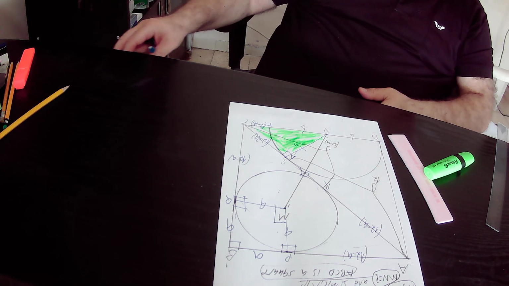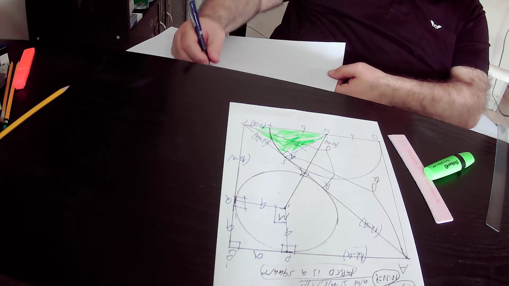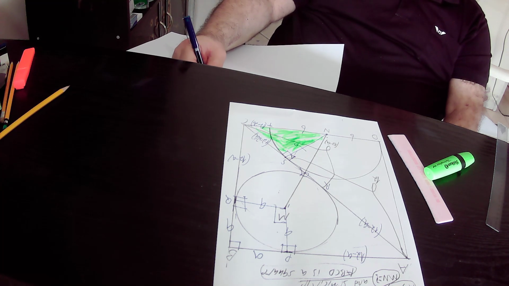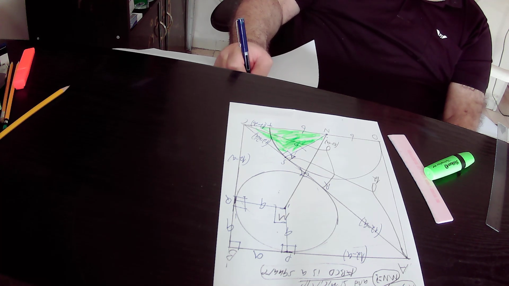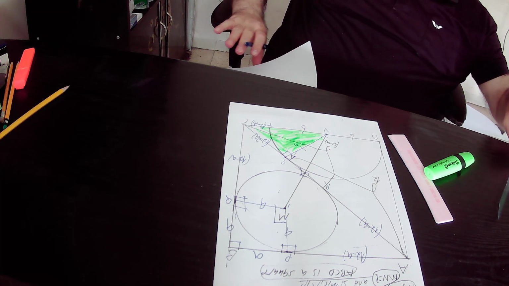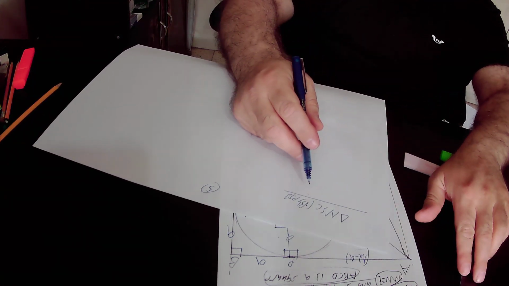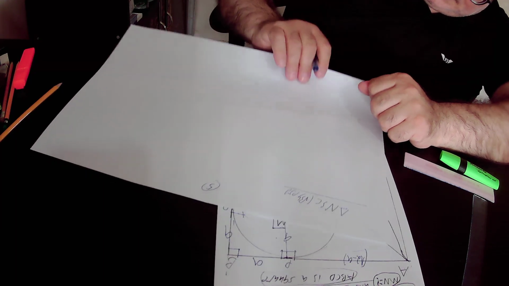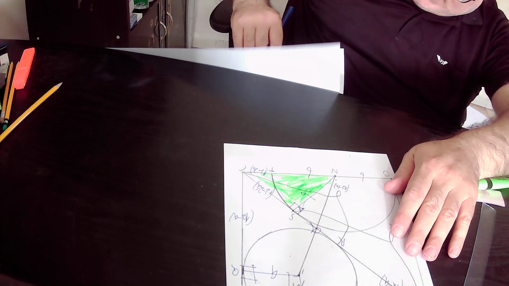So in the green right triangle NSC, according to the Pythagoras theorem, the square of the hypotenuse equals the sum of the squares of the perpendiculars.